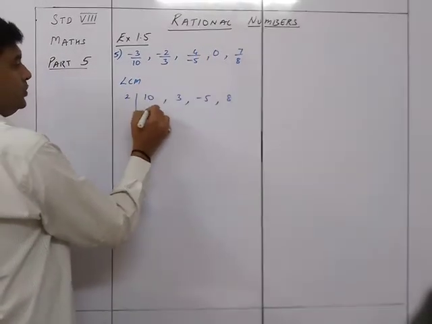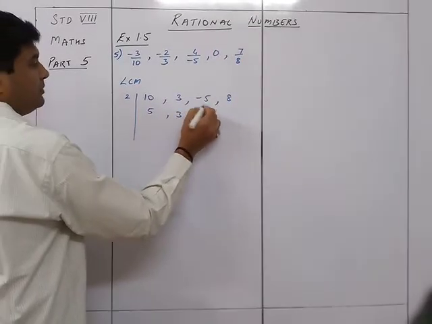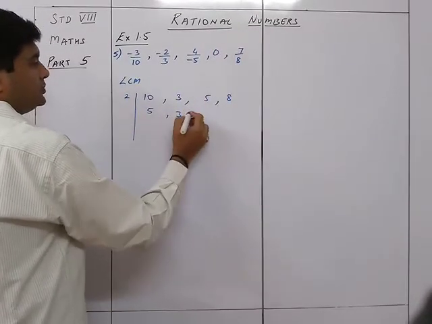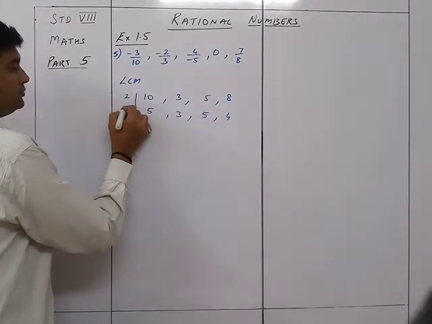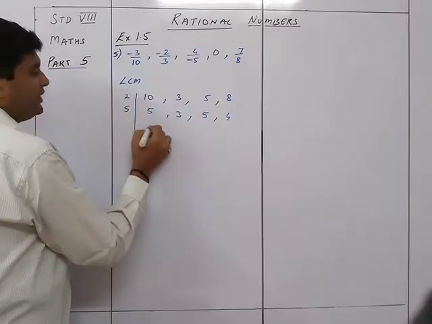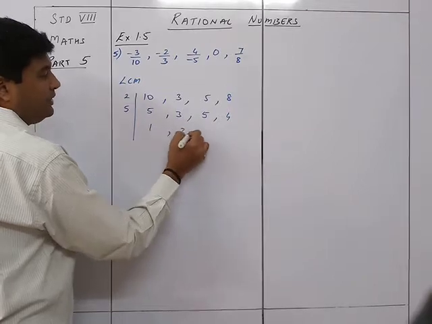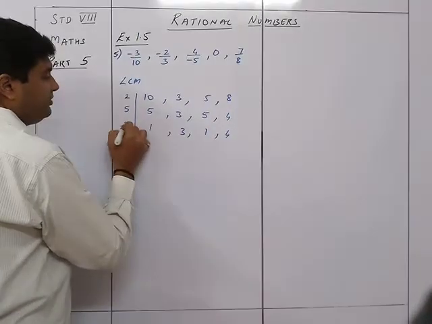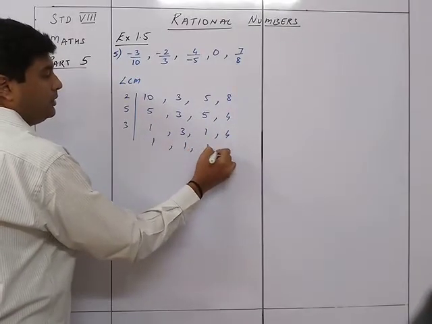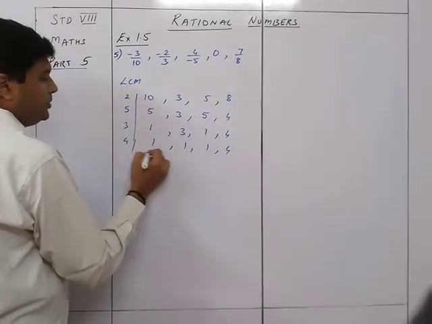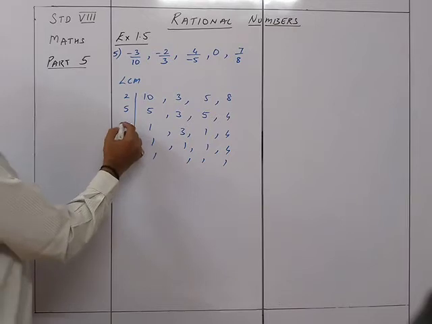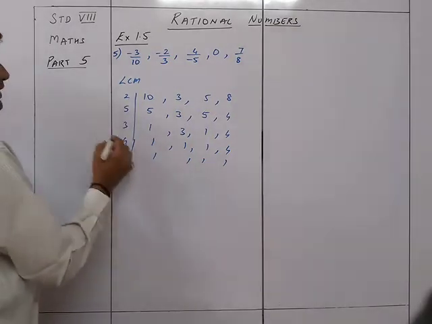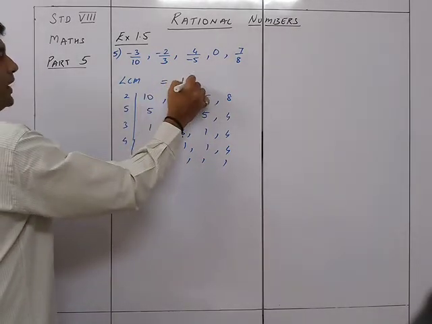We start with 2, then 5, 3, 5, 4, then again 2, then 5, 3, 5, 2, and so on until we get 1, 1, 1, 1. So this is nothing but 5 into 4 into 3 into 2, which is 120. So the LCM is equal to 120.